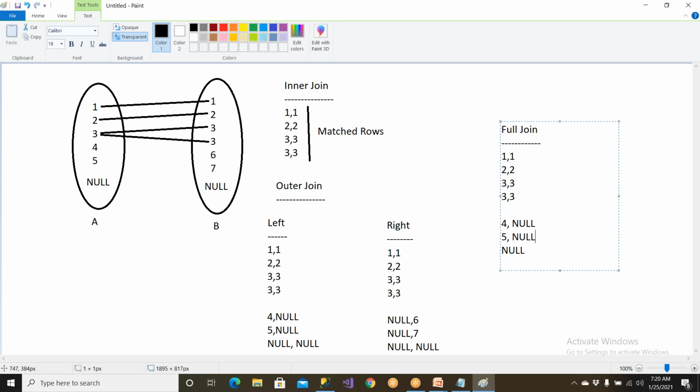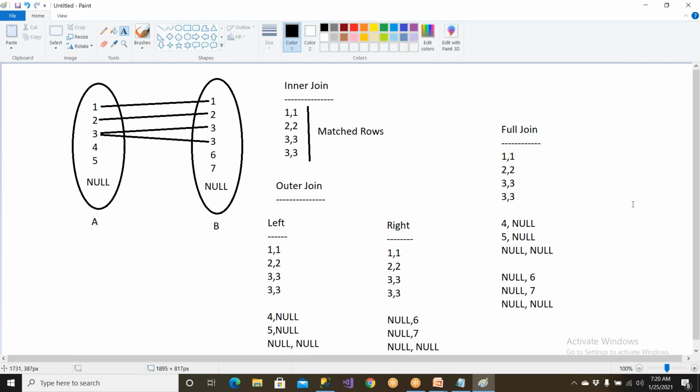This null does not have any matching record, and you will have 6, 7, and null. Clear? For 6, there is no matching data this side, you will get null. For this one there is no matching record, and for this null there is no matching record. So this is what is called full join.